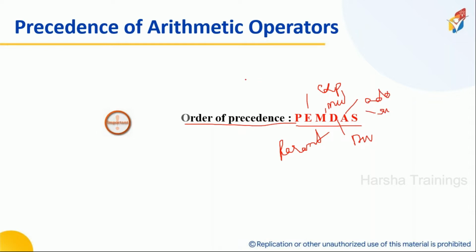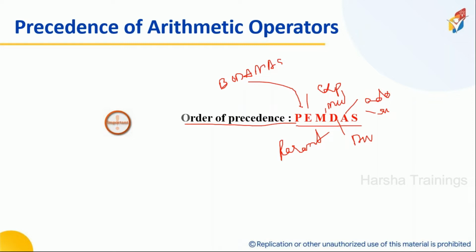I think you have studied the BODMAS principle. In your childhood schools in India, most people study this: bracket open, division, multiplication, addition, subtraction. Same thing, I have renamed it in a different way.